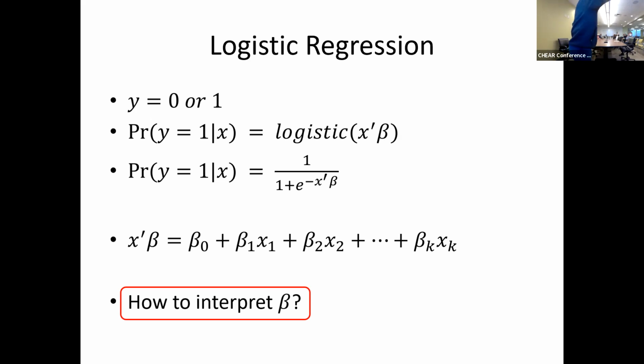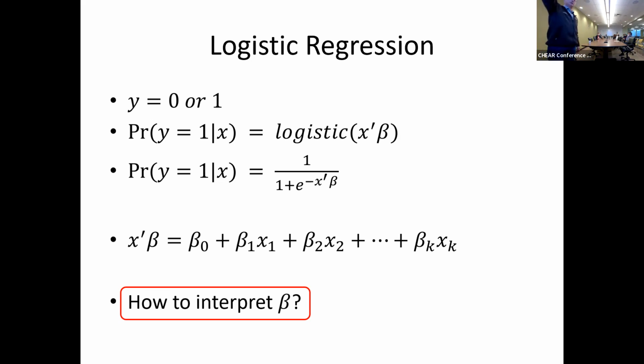So x prime beta is shorthand for having an intercept, and then as many covariates as you want. These could be continuous, they could be binary, and each covariate has its own beta. And so we want to think about how to interpret the beta on these coefficients.